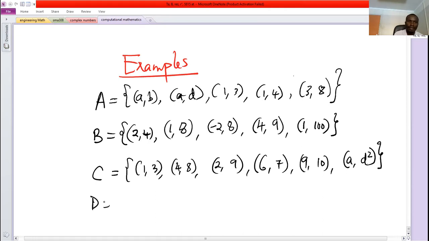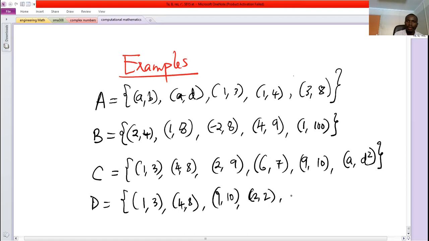If I have D given by (1, 3), (4, 8), (9, 10), (2, 2), (11, 13), (4, 8), this is also a relation.